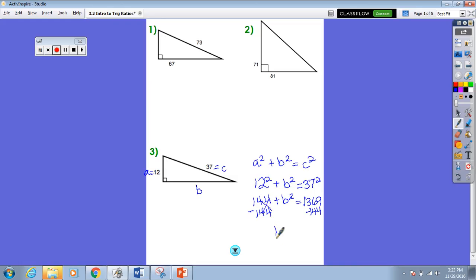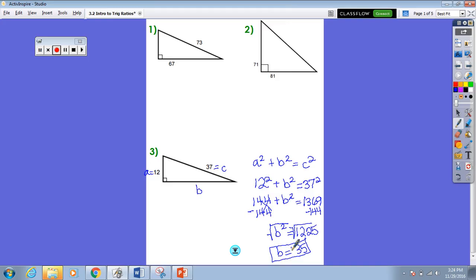That will cancel, so I'll have B squared equals 1,225. And don't forget that last step, to take the square root. So B equals 35.